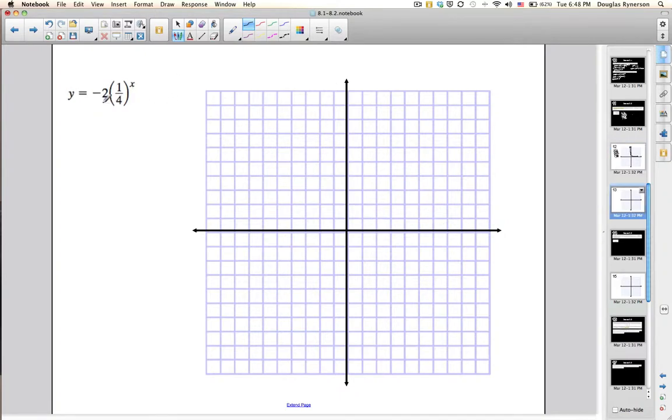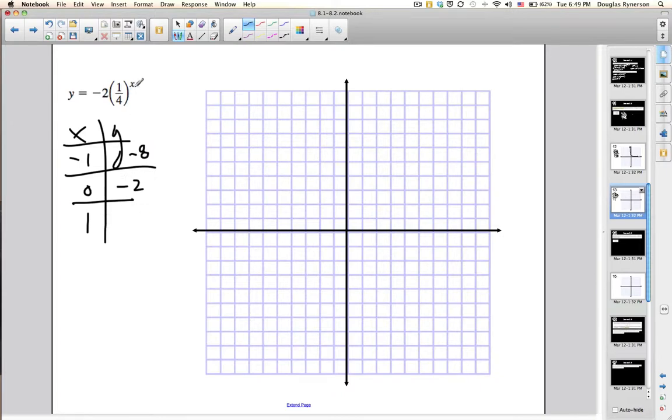Again, if I have a negative leading coefficient, that is going to take this shape and flip it over and make it that shape. Basically, it mirrors around the x-axis. If I do my input-output table, I'm going to pick the same numbers, -1, 0, and 1. 1/4 to the -1 power is 4, times -2 is -8. 1/4 to the 0 power is 1, times -2 is -2.